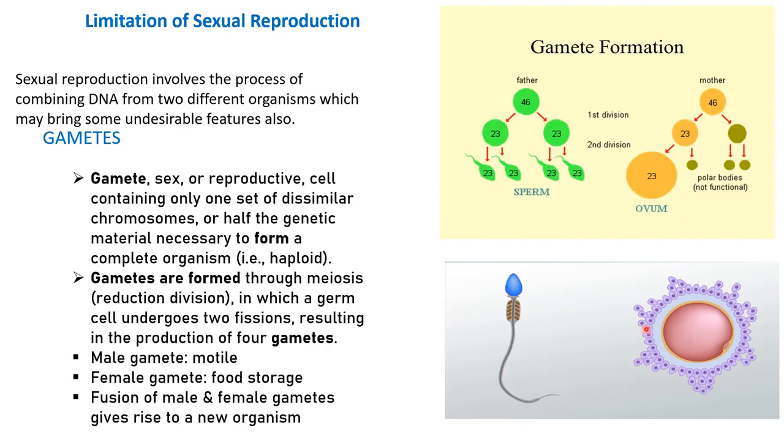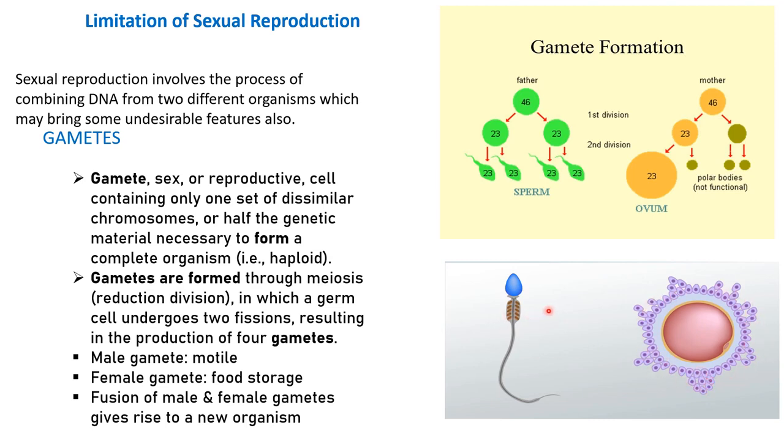The source of energy is present in one of the gametes, and that gamete is nothing but the ovum, right? The ovum has a lot of energy source, food for the developing zygote, right? Because new cells are continuously forming with the help of cellular division, right?